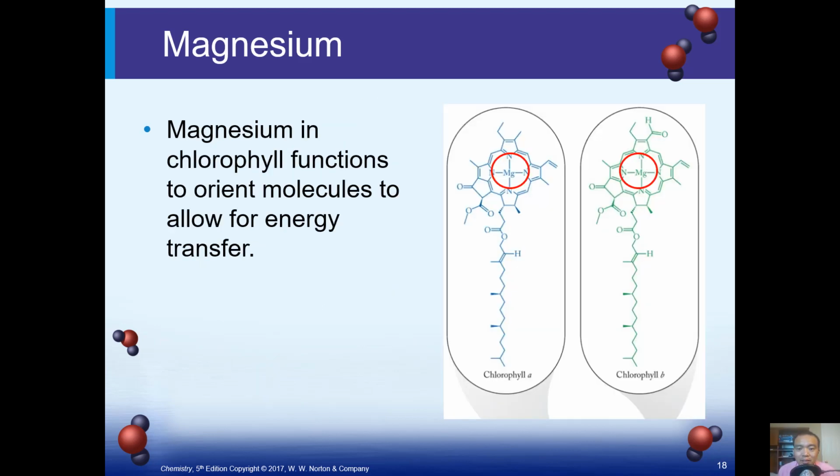The role of magnesium in chlorophyll is illustrated in this figure, which shows the magnesium ion coordinated with 4 nitrogen atoms. The function of the magnesium ion is to orient the molecules in positions that allow the energy to be transferred to the reaction centers where water is consumed and oxygen is produced during photosynthesis. This happens in plants, not in the human body.